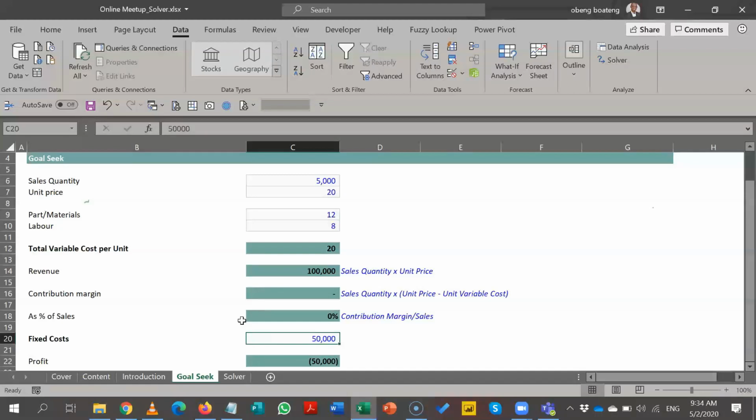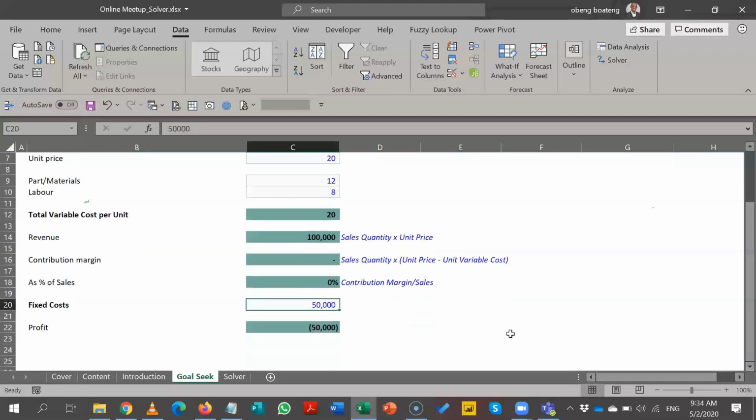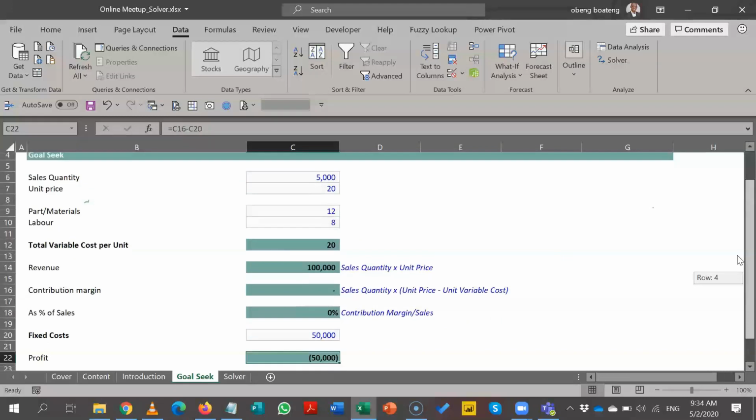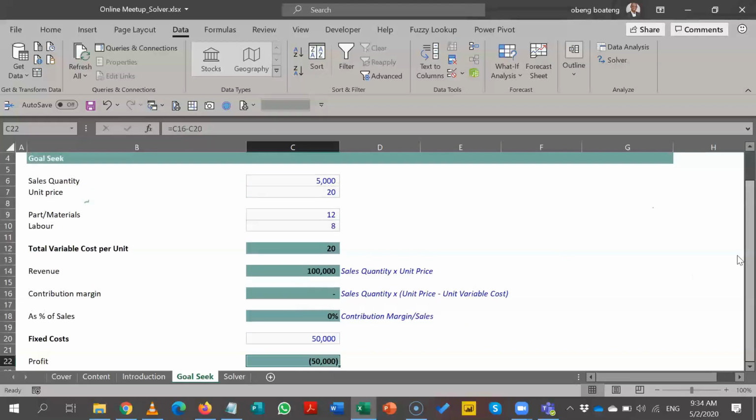Things like rent are not part of your volume, it's not driven by your volume. So that is the fixed cost we have here, it's 50,000. And when you subtract that from your gross profit, you end up with your net profit. Now, this is a very simple model. It can be complicated, but at a very high level, these are the major blocks.